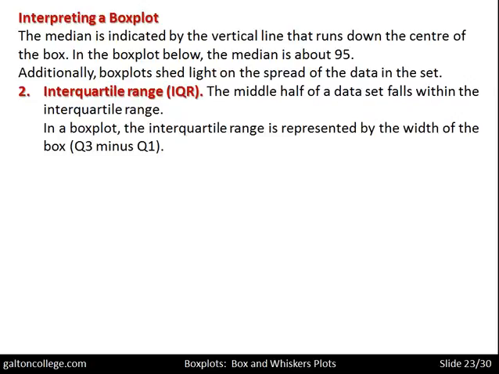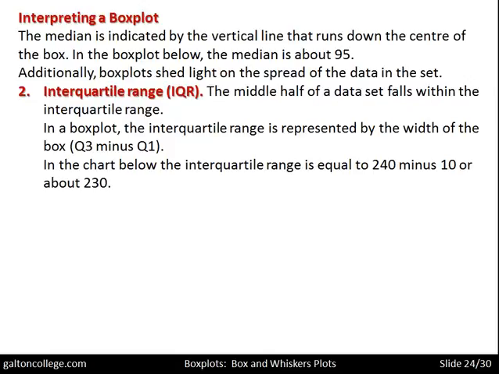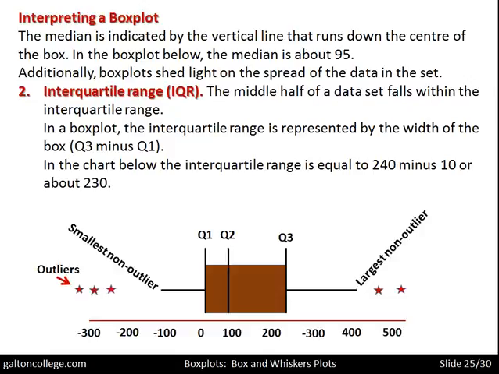In a box plot, the interquartile range is represented by the width of the box. In other words, Q3 minus Q1. The third quartile minus the first quartile. Now, in the chart we're coming to, that's this chart, the interquartile range is equal to 240 minus 10, or about 230.